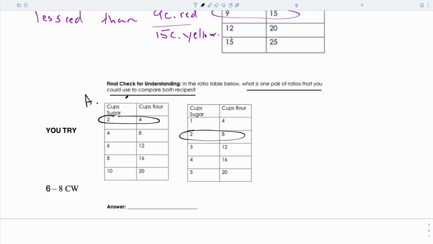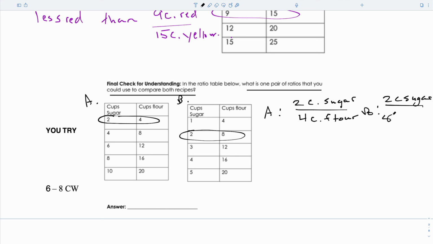So let's call this A and this one B. For mixture A, you can use the ratio 2 cups of sugar over 4 cups of flour. And for B, you could use 2 cups of sugar and 8 cups of flour. So we can compare those, and if you're thinking, which one has more sugar in it? Well, this has a lot less flour, so mixture A would have a lot more sugary of a taste.